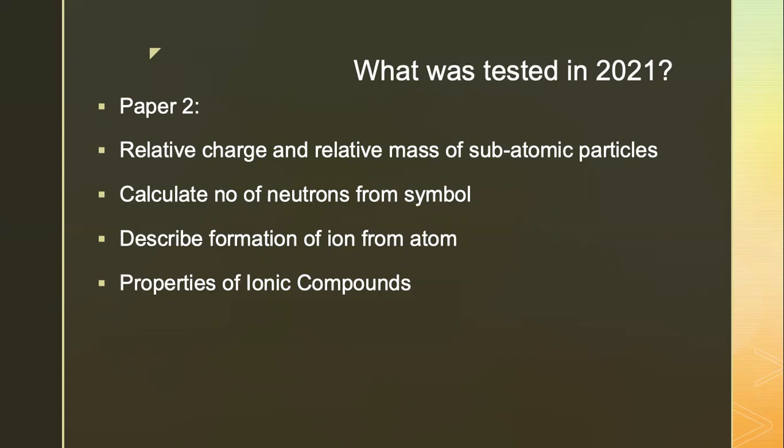This ion will have 1 less electron than the atom, and the configuration changes from 2.8.8.1 to 2.8.8. Because the question demands students to write in terms of electronic configuration, students need to write down the electronic configuration. And lastly, the physical properties of ionic compounds were tested.